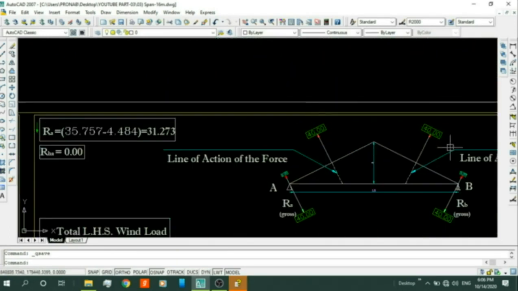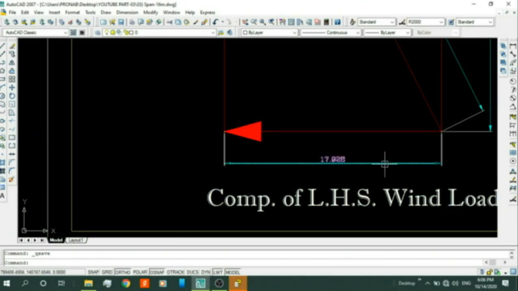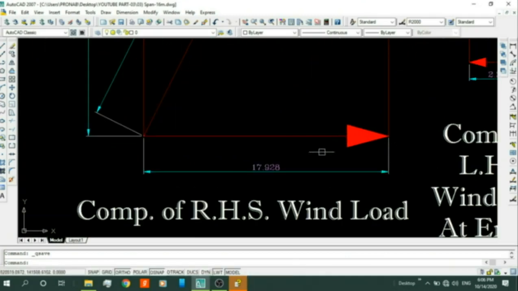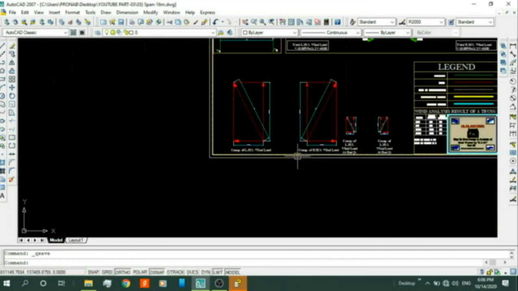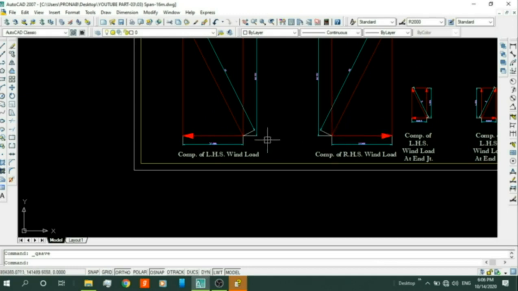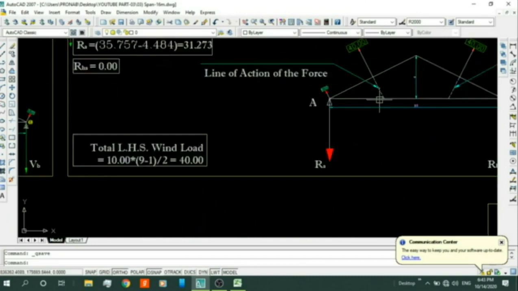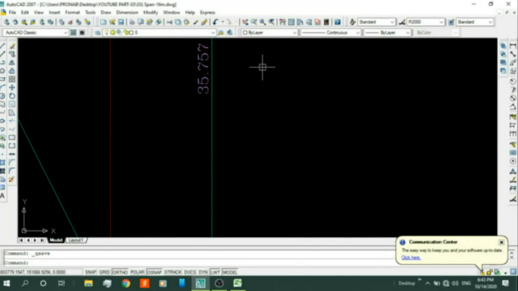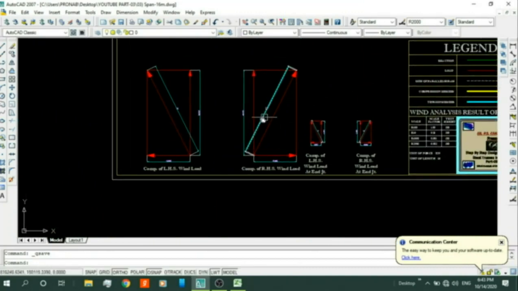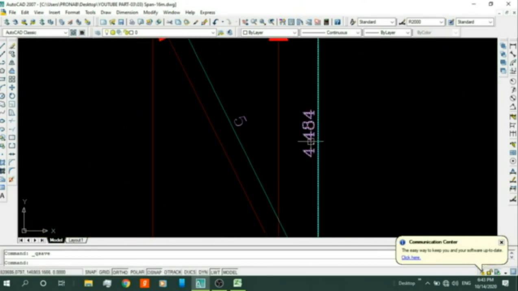After resolving these two loads, we found that horizontal load 17.928 for left hand side and also 17.928 for right hand side, but the direction is opposite. So the resultant of the horizontal force will be 0. Gross reaction at A or B is equal to 35.757 downward, and at A there is a vertical force value 4.484.